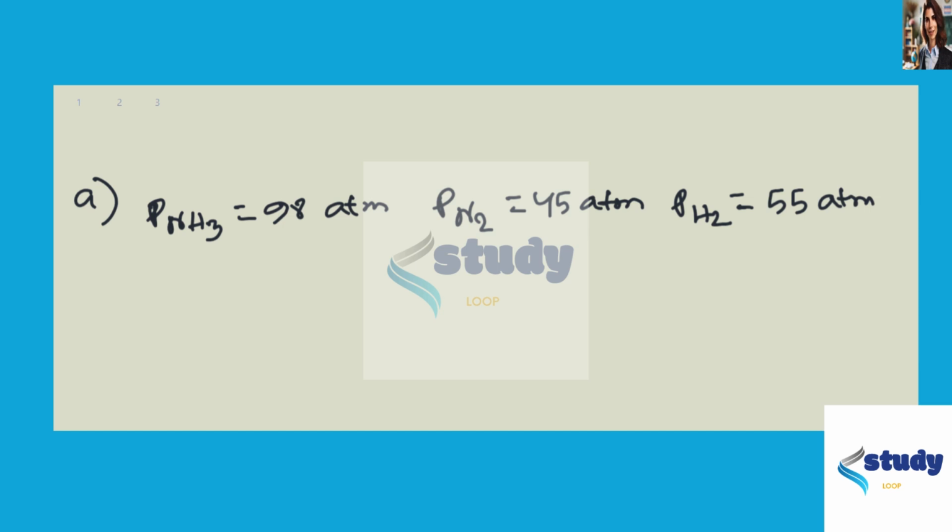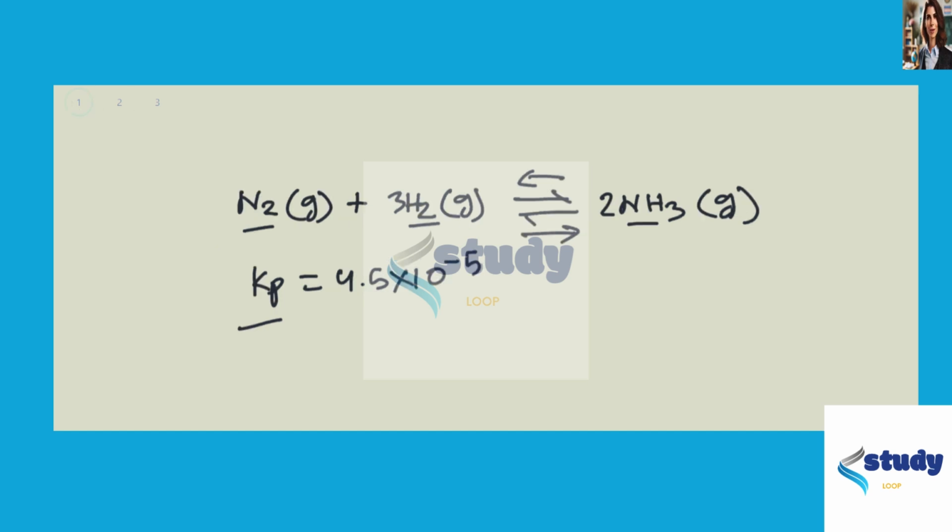Now we'll find the reaction quotient in terms of pressure for this reaction. That will be the partial pressure of the products over the partial pressure of the reactants. The product here is NH3, and we raise it to the power 2 since the coefficient of NH3 in the reaction is 2.